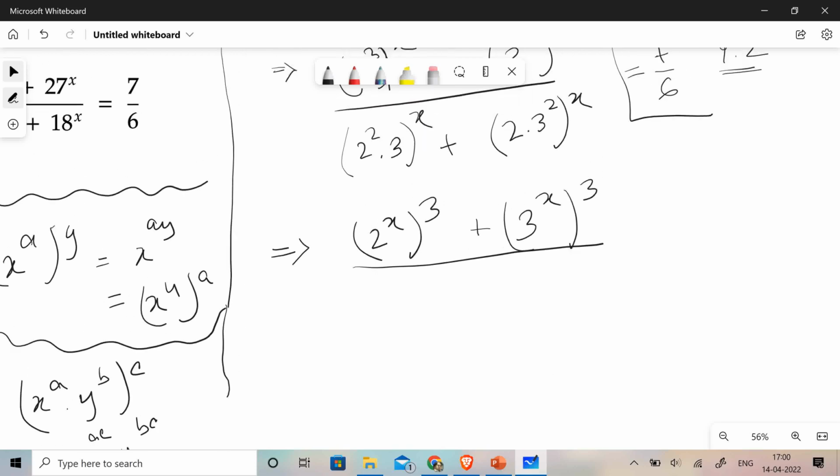So now I can do something similar here for the denominator part. I have 2 square into 3, to the power x, so if I simplify it, it would be 2 to the power 2x into 3 to the power x.